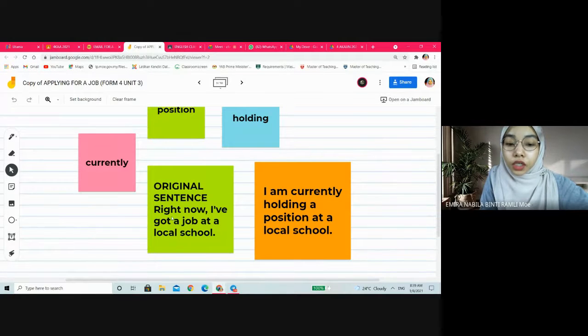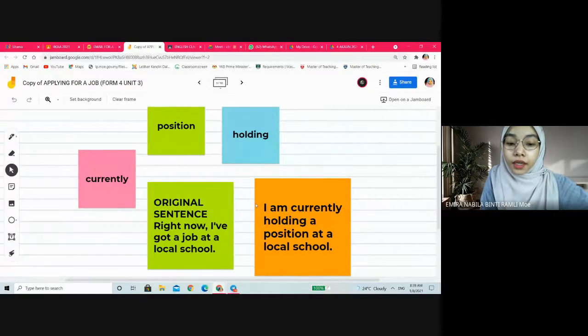You change the word job to the word position. This is revision. And then saying that you have a job at a place, you say you are holding a position. So it changes to I am currently holding a position at a local school. I hope that's clear, the difference between informal language and formal language.